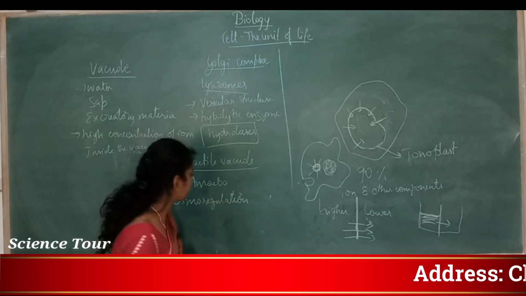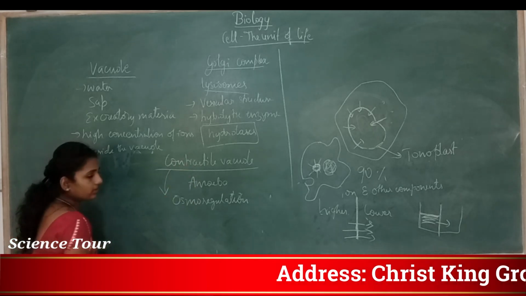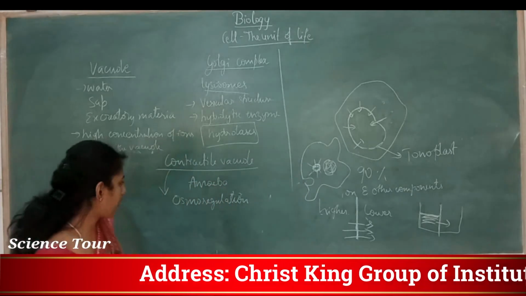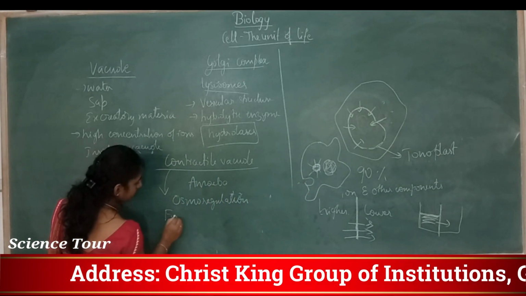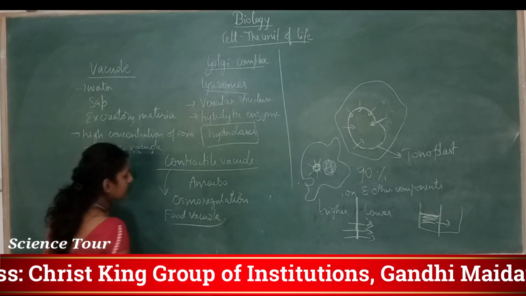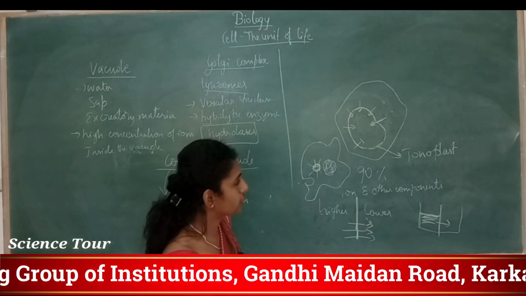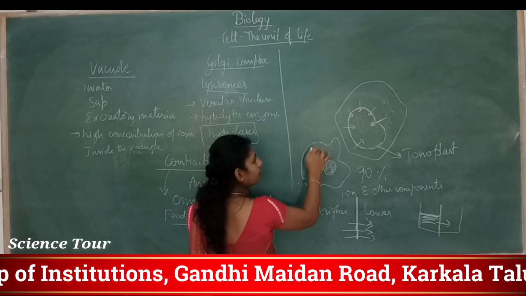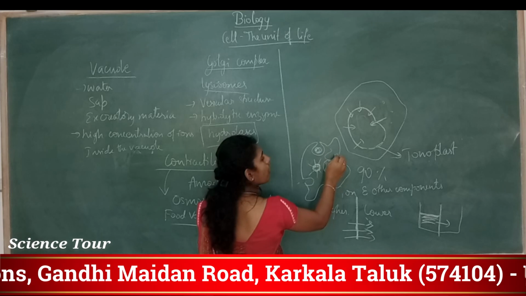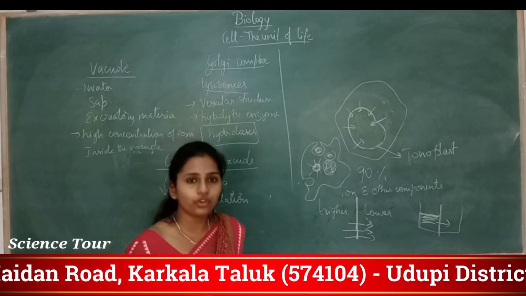Also, in some protistans you can see the presence of food vacuoles. The membrane usually engulfs the food material and forms a small vesicle-like structure, and this vesicle-like structure we call a food vacuole.